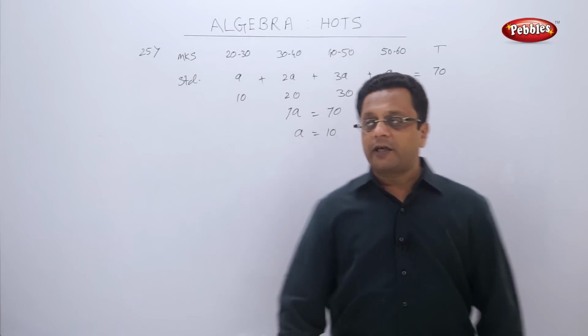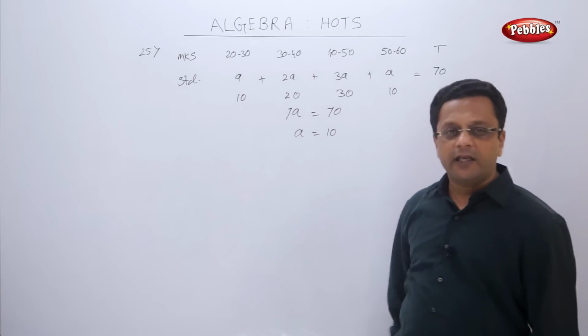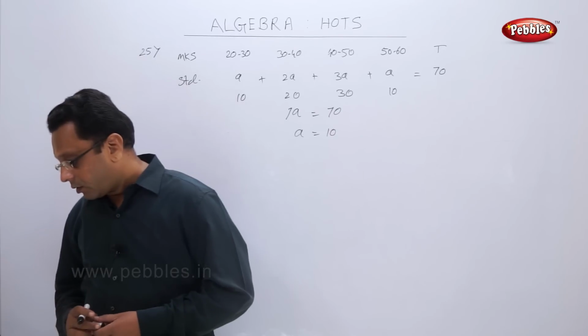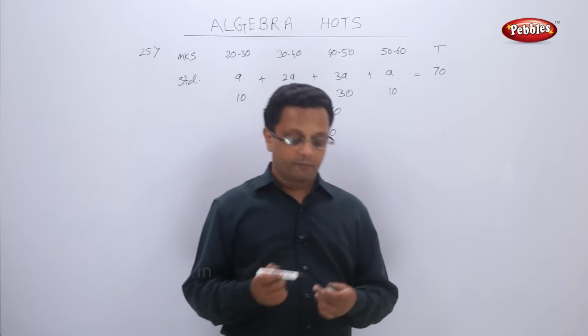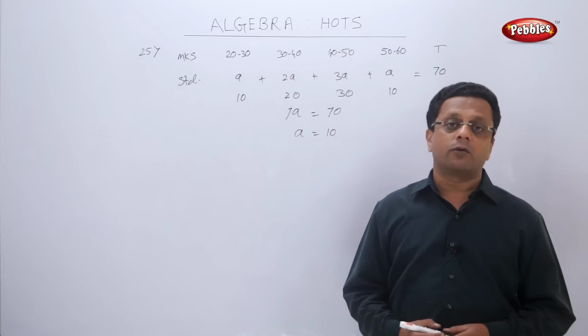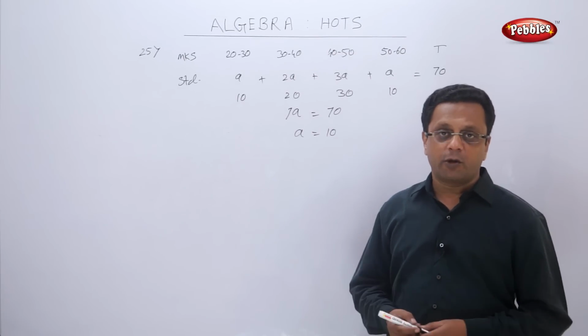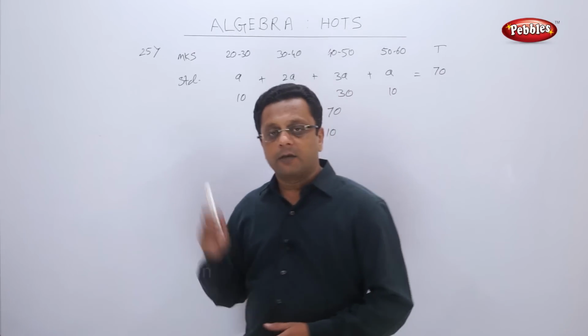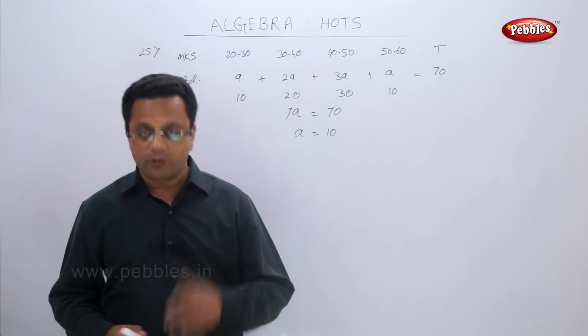Now once you have the table, it is very easy to draw what they asked. Draw the histogram. We have solved a lot of problems on histogram, frequency polygon and frequency curve. So please pause your video here and complete this problem by drawing the histogram.